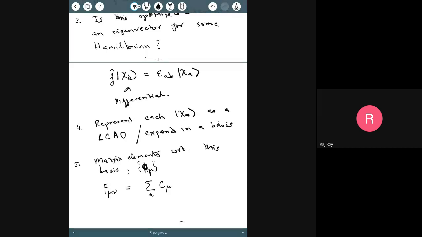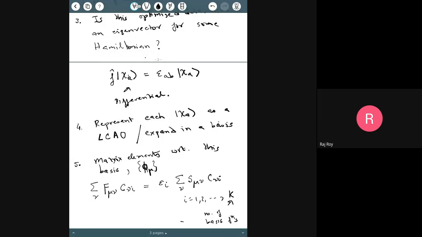I have to write this properly. K is the number of basis functions.